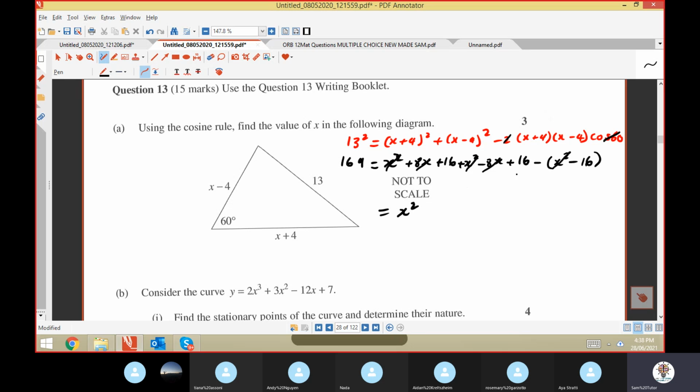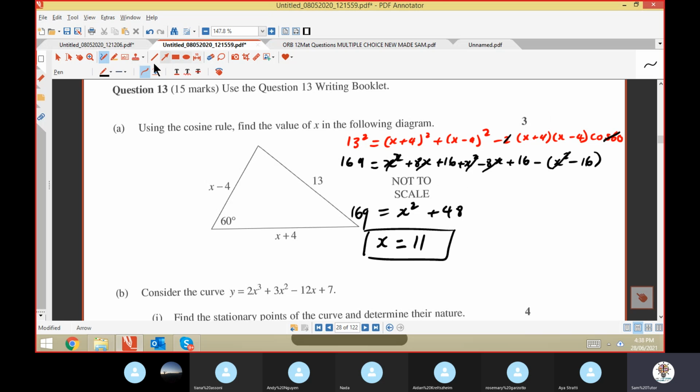And you're left with 16 plus 16 plus 16, which is 48, equals 169. And then it's fairly easy after that. x equals 11. Any questions for me there? Nope. That's okay.